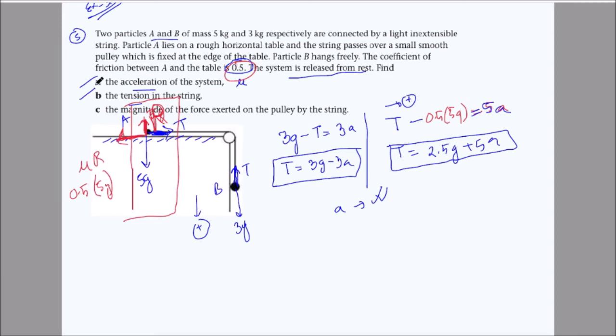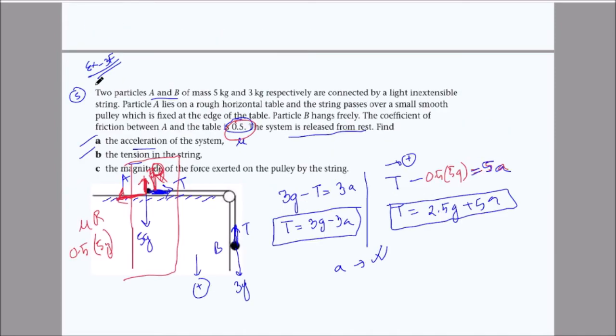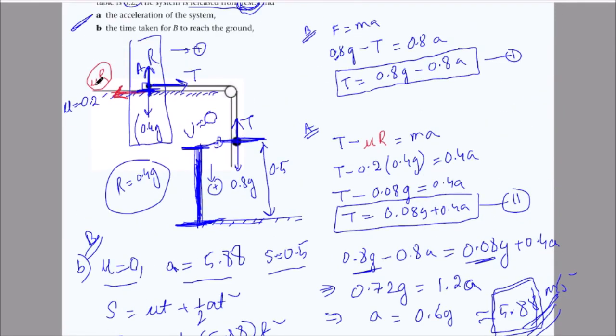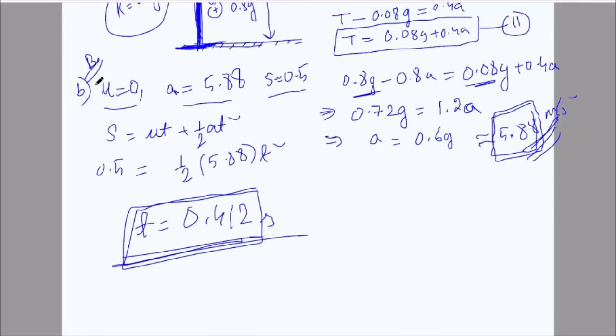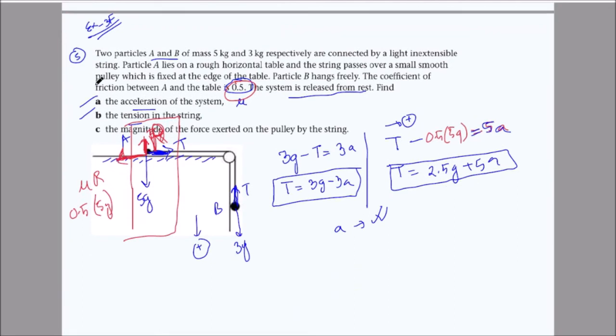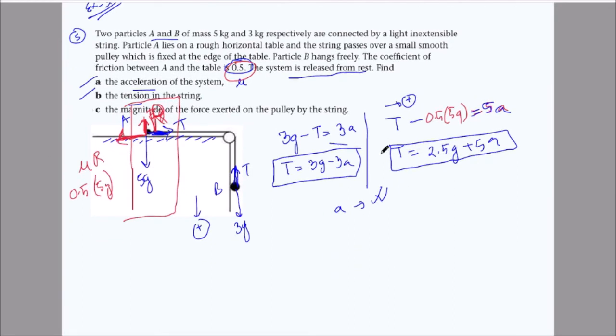This is almost similar to the one I have solved, example number 1. Once you get the value for acceleration and tension, we are done with part A and B, but then we have to find the magnitude of the force exerted on the pulley by the string. So this is a new question, you need to find the force on the pulley.